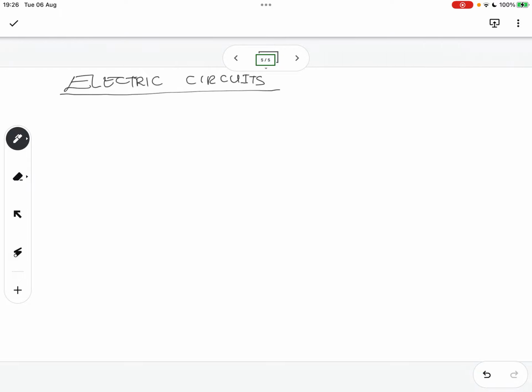In this summary, we need to remember that for current to flow, there needs to be a power source, an electrical energy source.